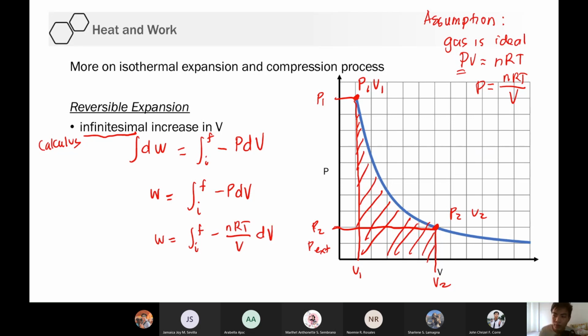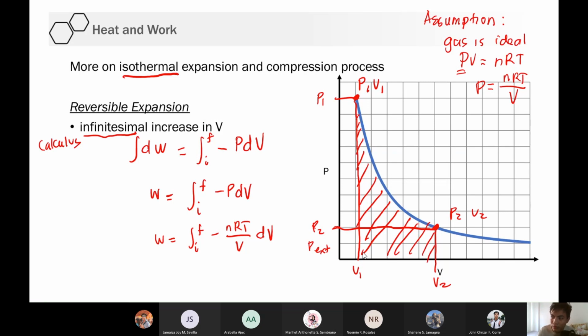Now, yung mole ng gas, constant yon. Yung R, gas constant yon kasi nga constant siya. Temperature is constant kasi isothermal tayo. Ibig sabihin, pwede natin ilabas yung mga terms na yon. Ano lang ang maiiwan sa loob ng integral? Yung volume. Kasi yung volume nagbabago eh.